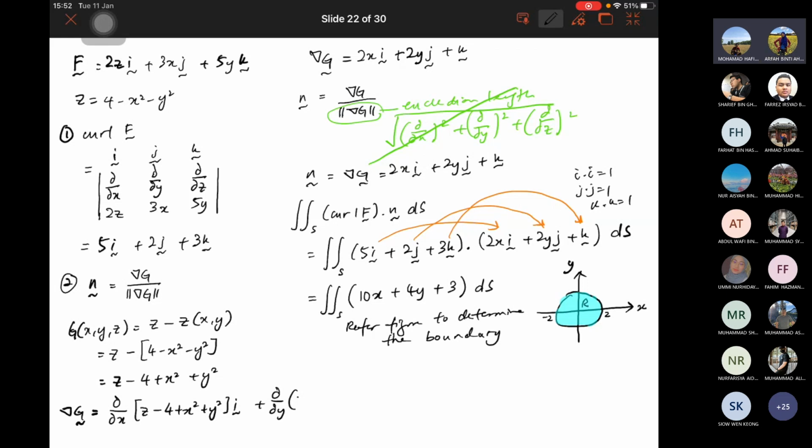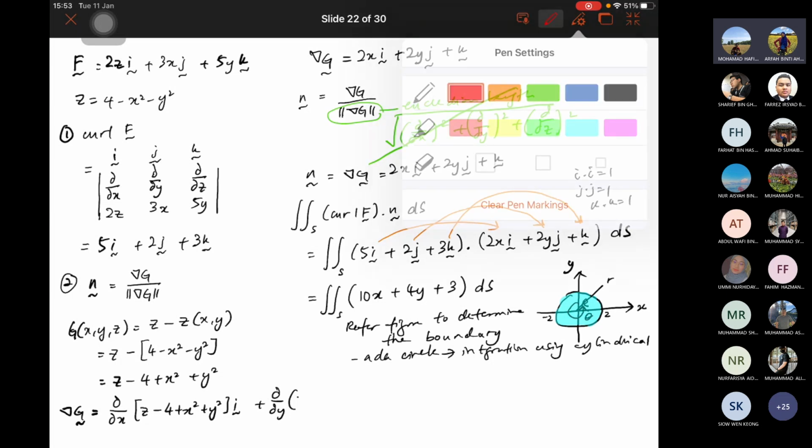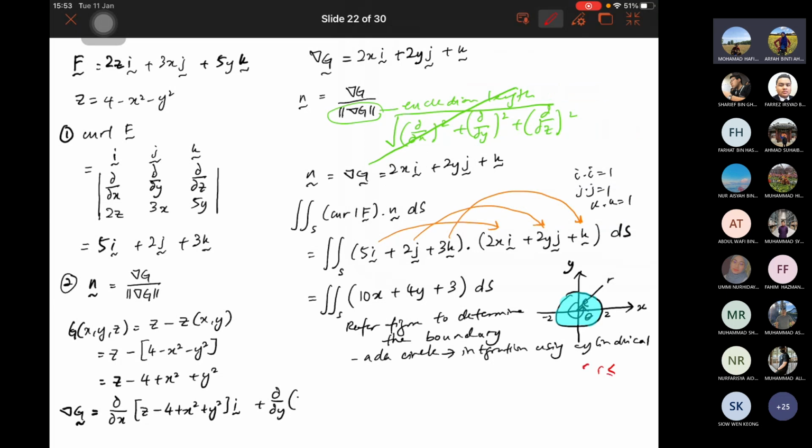Senang guna apa? Ada circle. So we will do integration by using what? Cylindrical. Okay, betul. Cylindrical coordinates. So if cylindrical, you have r over here and you have theta over here. Okay, r daripada berapa ke berapa and theta daripada berapa ke berapa.